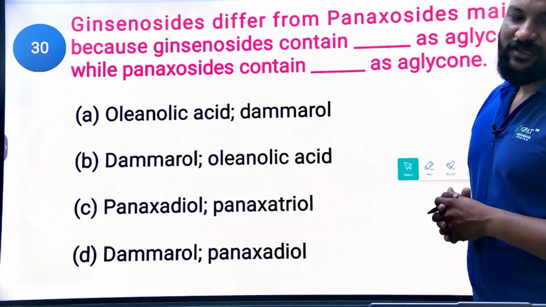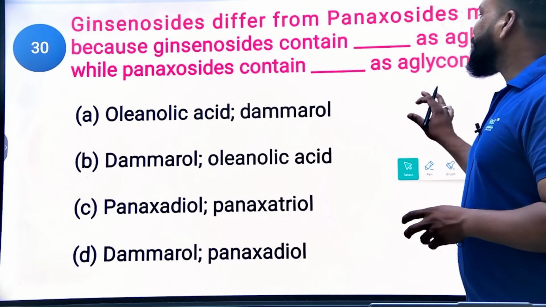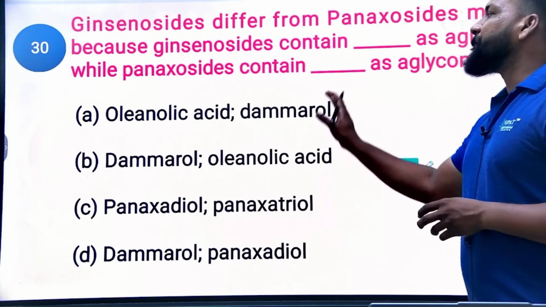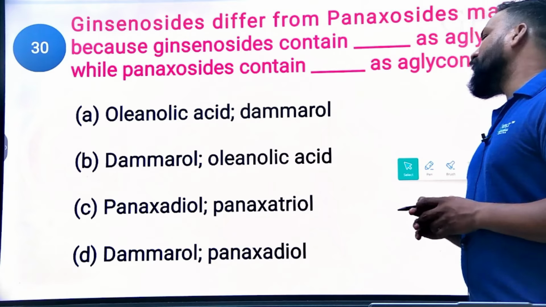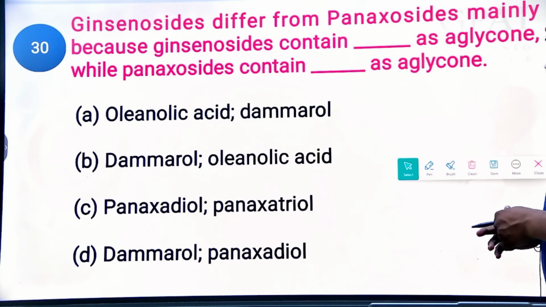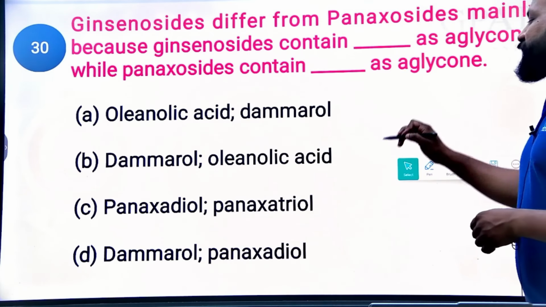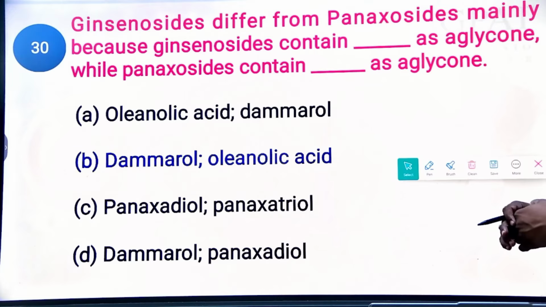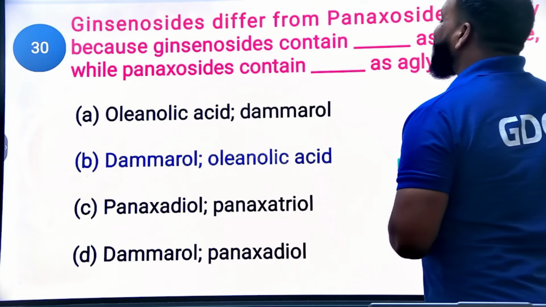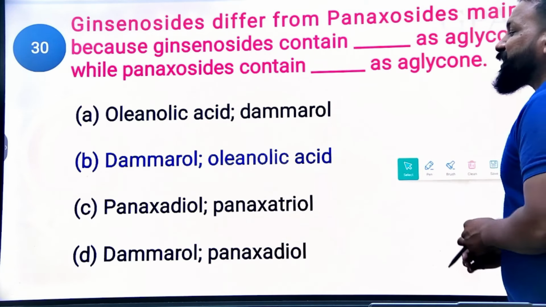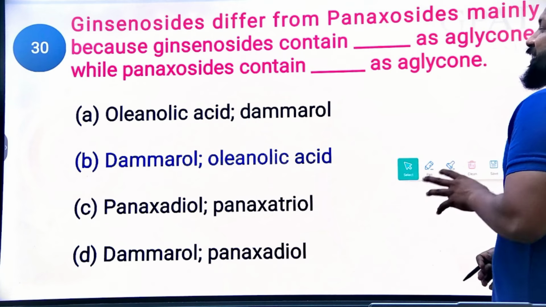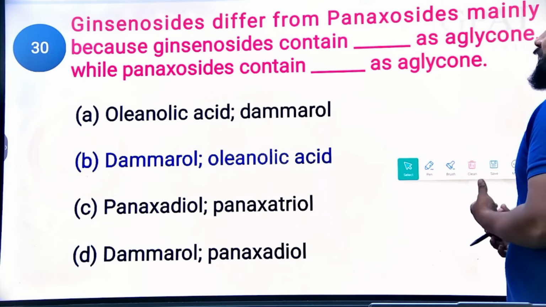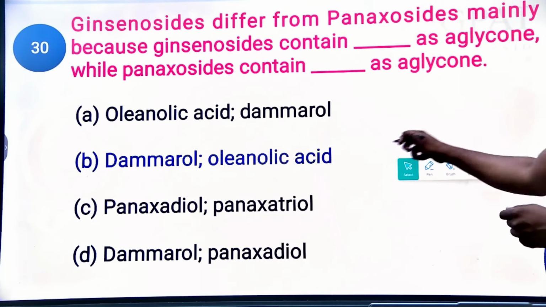So what is the right answer here? I think the right answer will be B. Dammarol is the aglycone part for the ginsenosides, and oleanolic acid is the aglycone moiety for the panaxosides. So that is the right answer.